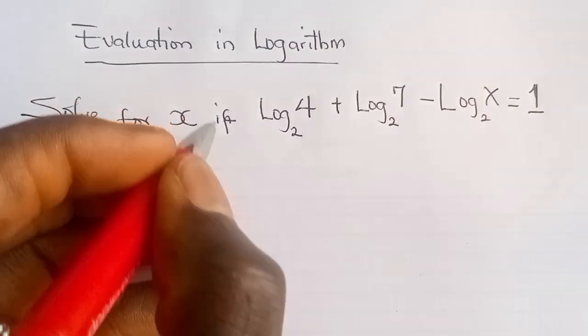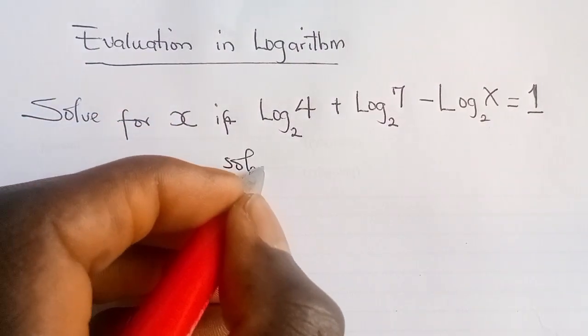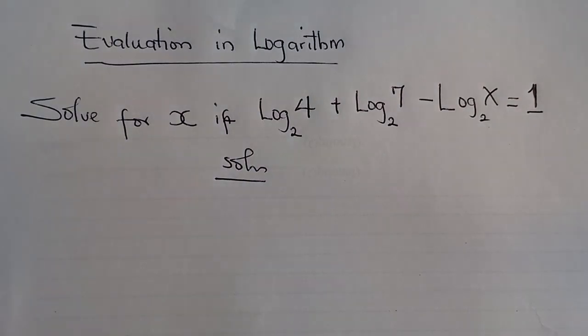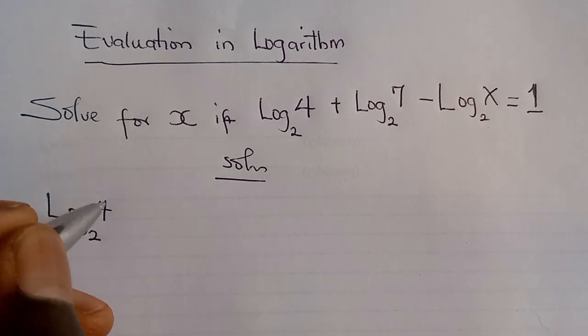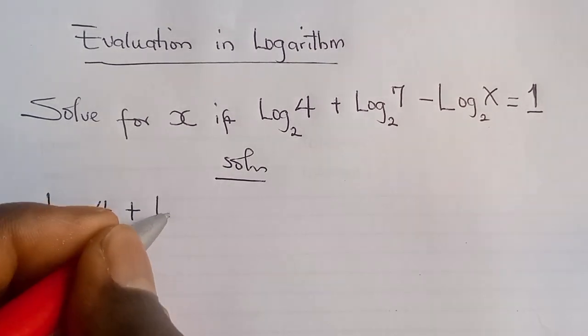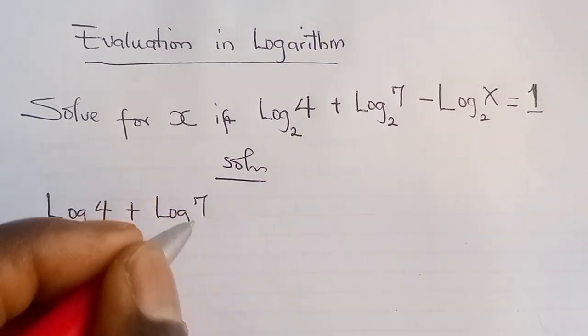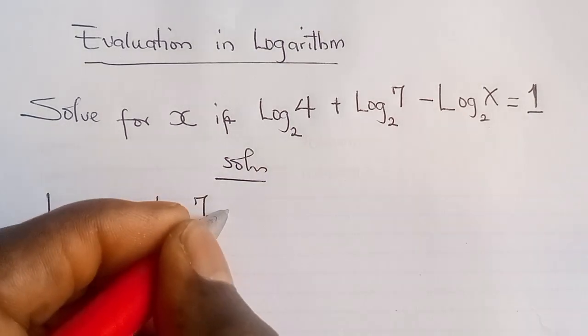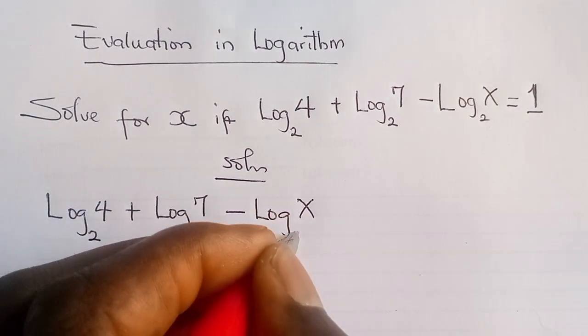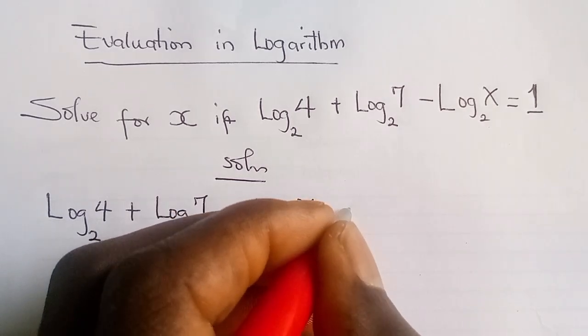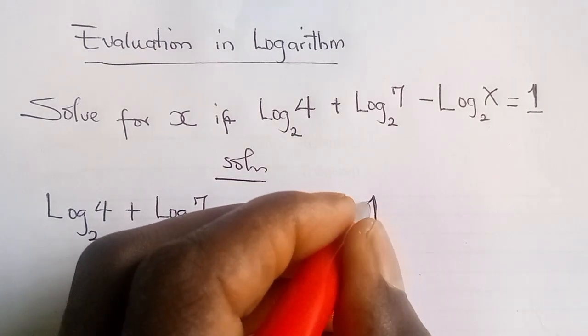So finding the value of x in this equation, we have log 4 to base 2 plus log 7 to base 2 minus log x to base 2, and this is equal to 1.